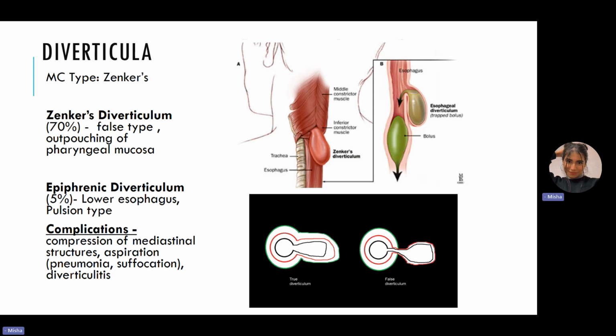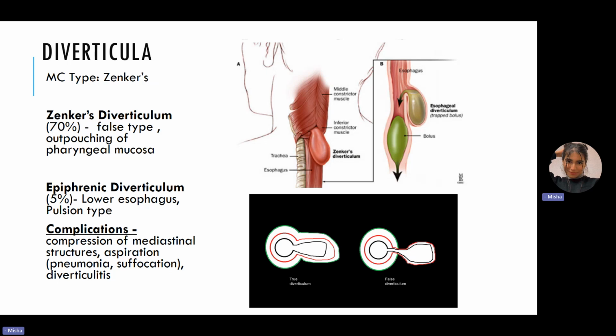Next, we can talk about epiphrenic diverticulum. This is above the diaphragm, arises due to the dysfunction of the lower esophageal sphincter, and in this case, the symptoms would be dysphagia, obstruction, halitosis, like bad breath, basically, because there's rotting food in the pouch.